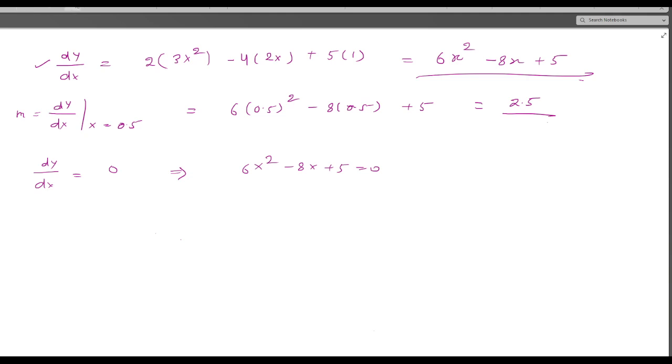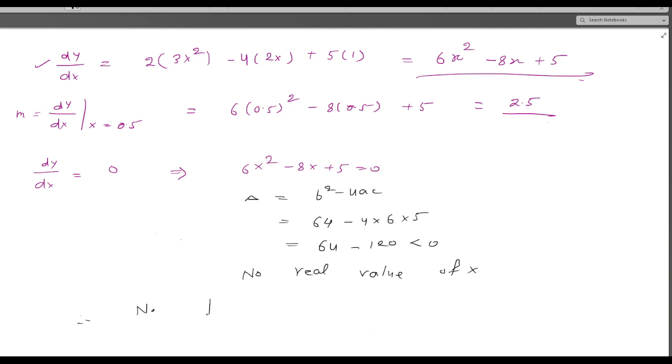Let me first find the discriminant, delta equals b squared minus 4ac. B squared is what? 64 minus 4 times 6 times 5. So this is 64 minus 6 times 5, 30, 30 times 4 is what? 120. This is less than 0. So no real value of x. So therefore no turning point is possible.